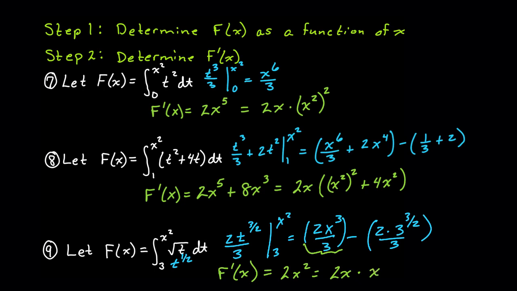And this x could also be written as 2x times the square root of x squared. So you can see what's happening here. You've got the derivative of the upper limit of integration, and we're substituting x squared in place of t, which gives us the square root of x squared term right here.